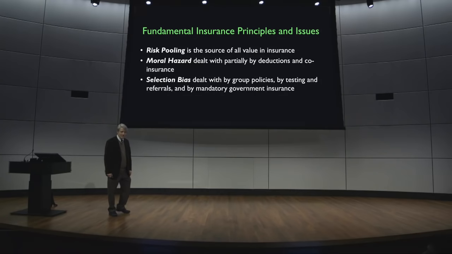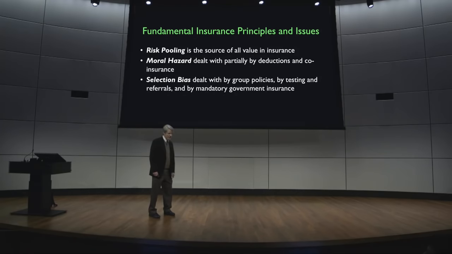So for example, if your house is insured against fire, you may say, I don't care, I'll be careless with fire because it's insured. So then the risk goes up. Or even worse, if the insurance company insures your house for more than you think you can sell it, you would say, I'll just burn it down. I'll pretend it was an accident. And then I'll get more money than I would have for selling the house.